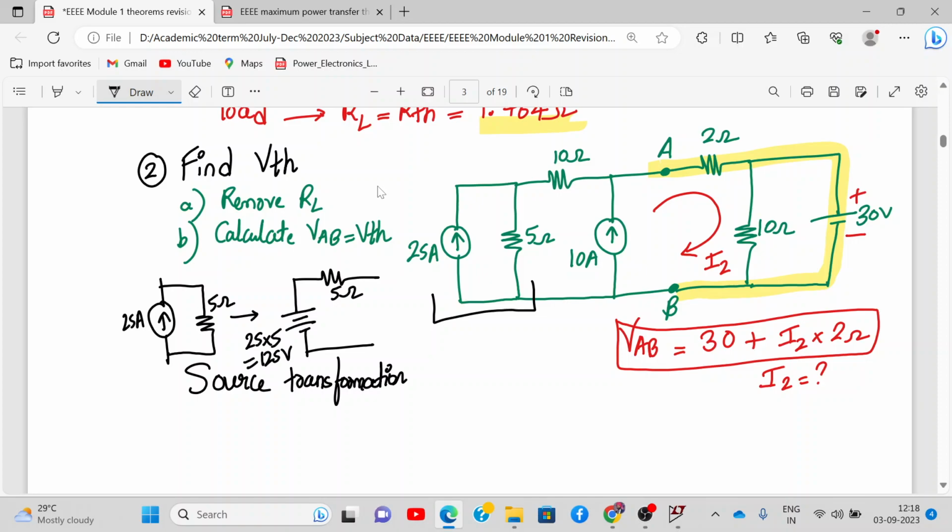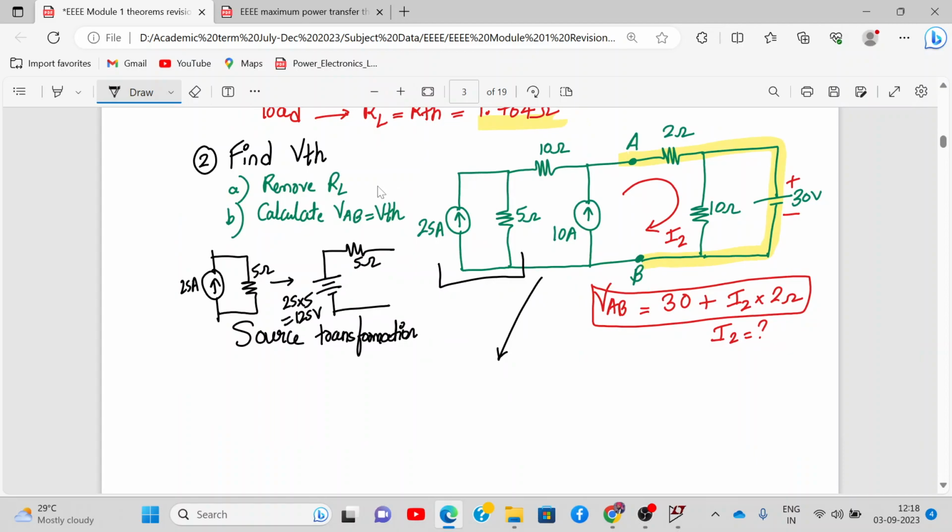Okay, now we calculate from here. I redraw this circuit again. So this will be 125 volt.